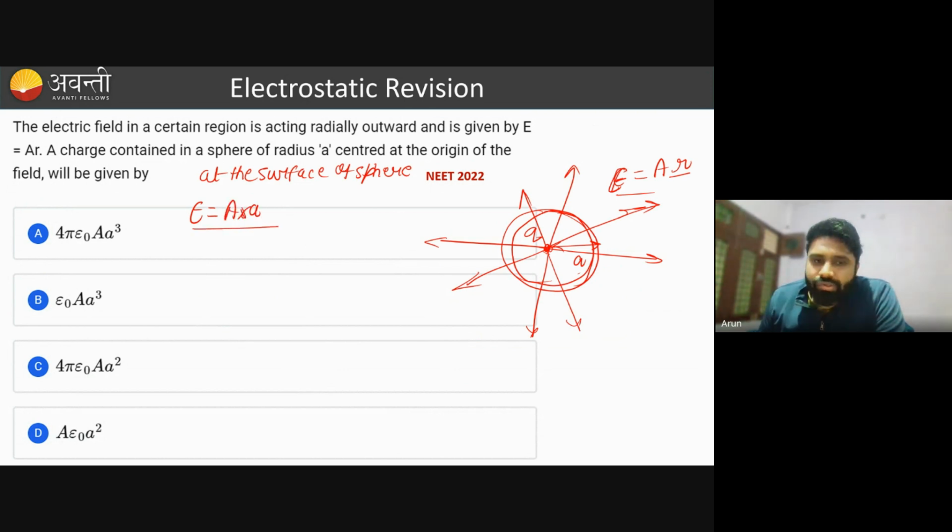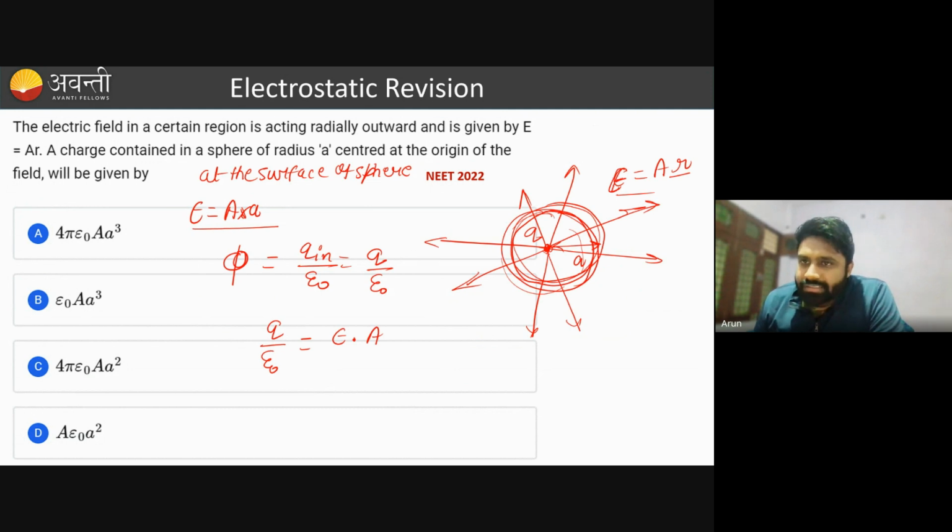Now apply the Gauss law. Gauss law says that phi is nothing but Q enclosed divided by epsilon naught. We have considered this sphere as a Gaussian sphere. So the charge enclosed by this closed surface is Q, so it is Q divided by epsilon naught. So Q by epsilon naught is equal to phi, which you put as E into A, where A is the area of the sphere.